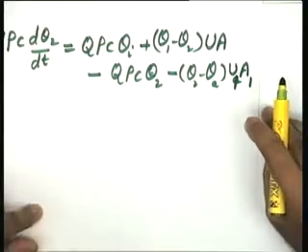U 1 is the film coefficient at the wall air interface, and A 1 is the area of the contact, the surface area.